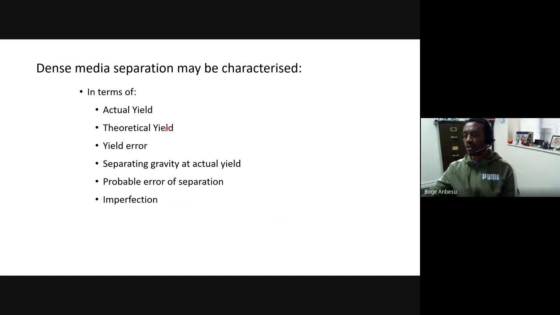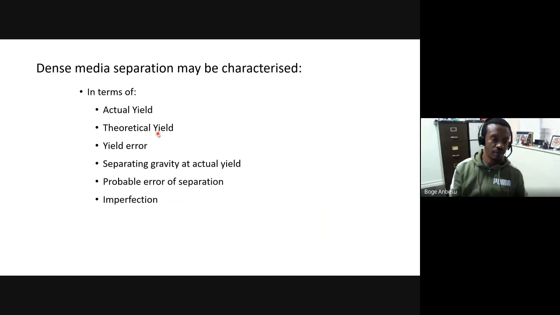So separation can be quantified based on recovery or yield or expected recovery, which is theoretical. If I say 1.5 is my separating density, anything above that should be recovered. That will give me my theoretical yield. The difference between the actual and the theoretical gives you the yield error, and you can use that to assess separation performance.